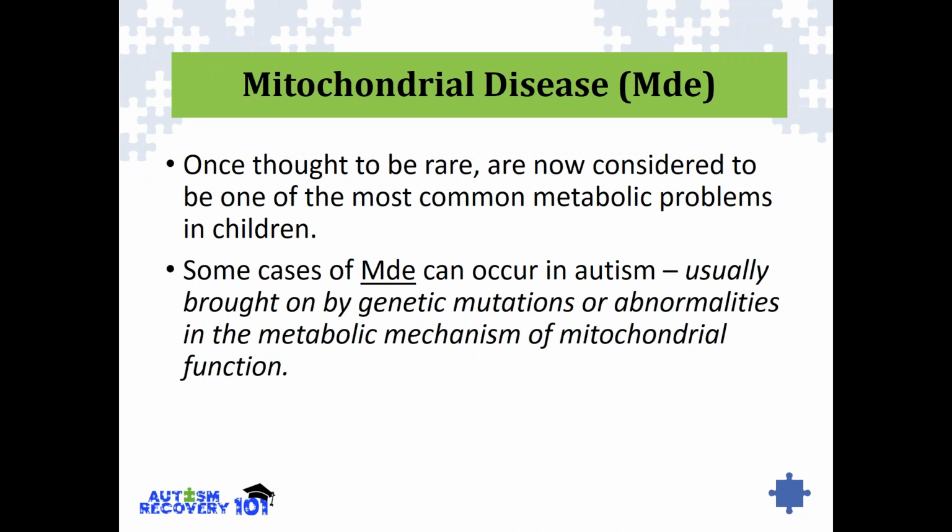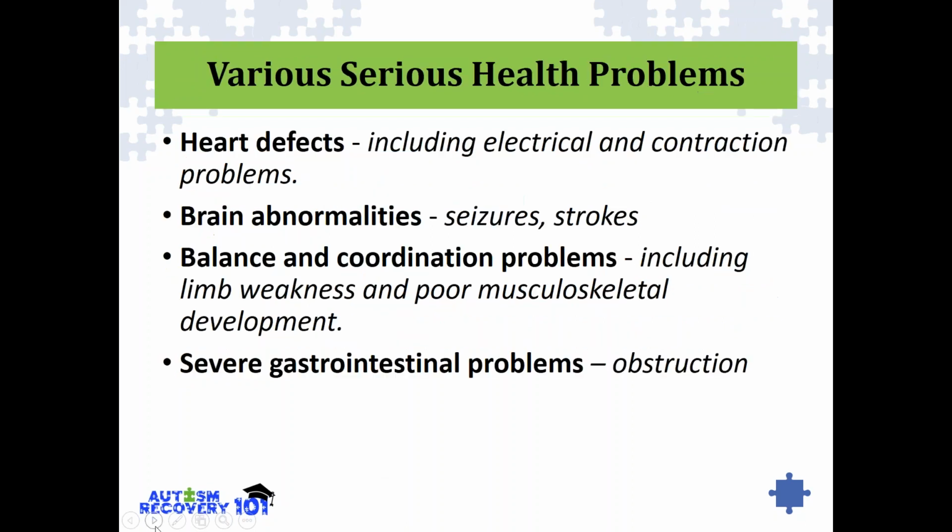Now, these are usually brought on by more serious genetic mutations or serious abnormalities in the way the cells metabolize substrate in the body. And in many cases, there are very serious health problems associated, okay? Heart defects or serious brain abnormalities like seizures or strokes or severe gastrointestinal problems, and then balance and coordination issues.